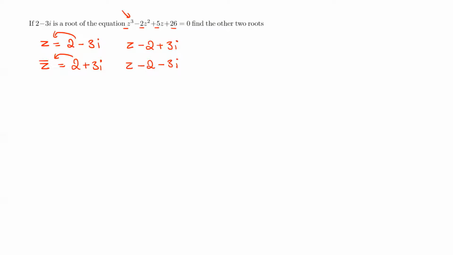To find the other roots, what we first do is we multiply these two factors together. So I'm going to get z minus (2 plus 3i) multiplied by z minus (2 minus 3i). So let's multiply that out together.